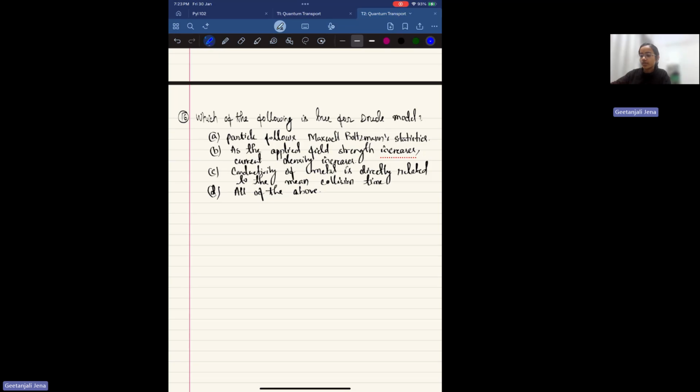Question number 16 is based on the Drude model. It says which of the following is true for the Drude model. First option: the particle follows Maxwell-Boltzmann statistics. Second option: as the applied field strength increases, the current density also increases. Option C: the conductivity of a metal is directly related to the mean collision time. Option D: all of the above.